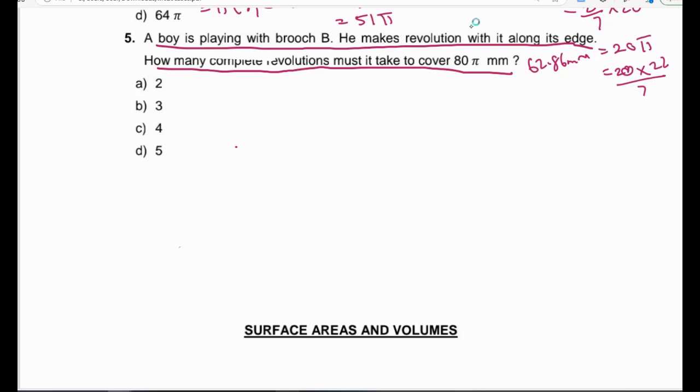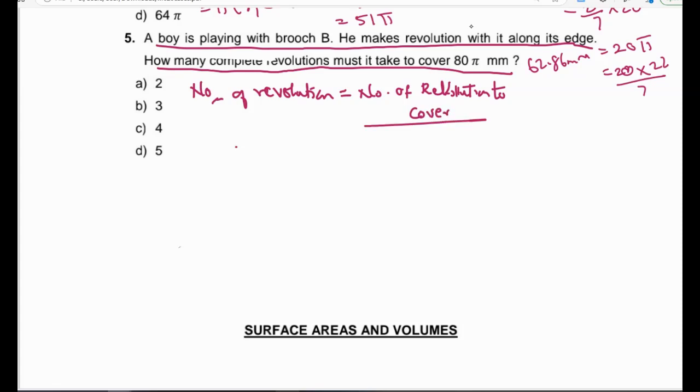So you have number of revolutions to complete equals number of revolutions to cover divided by circumference of gold.